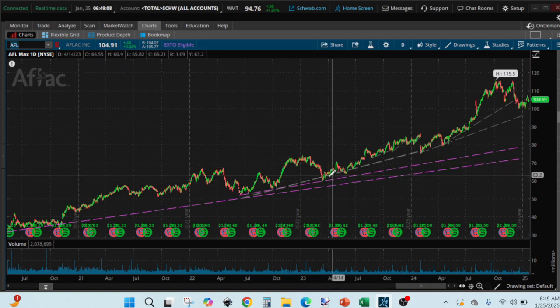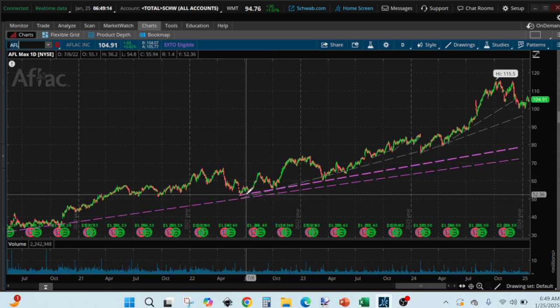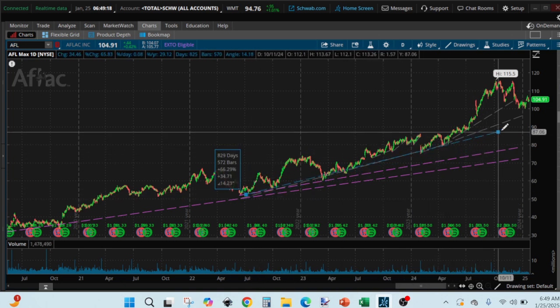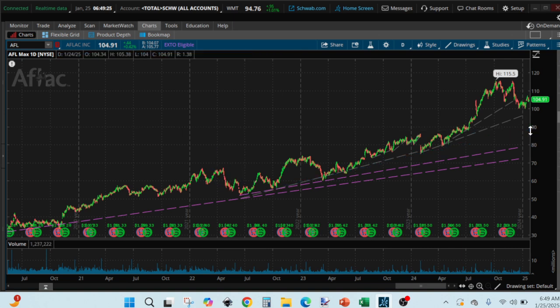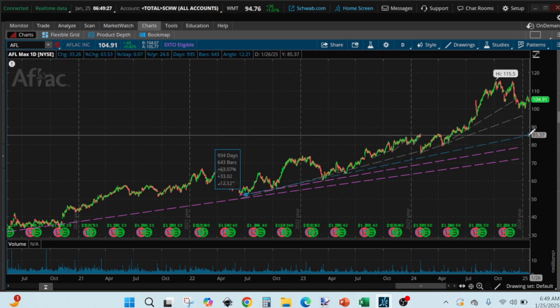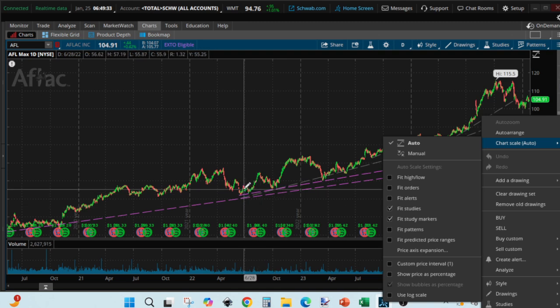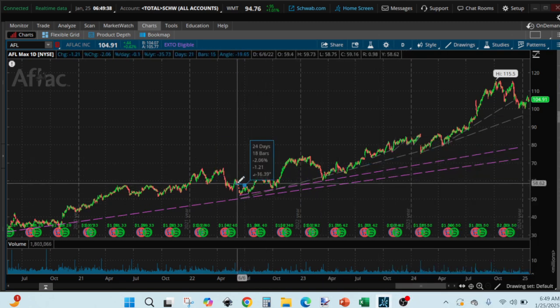There is something I'm looking at here though. Do you see this trend line here? Okay, so if I click on here, it's going to be a little bit closer to where we are right now. But why not? Let's try it again.